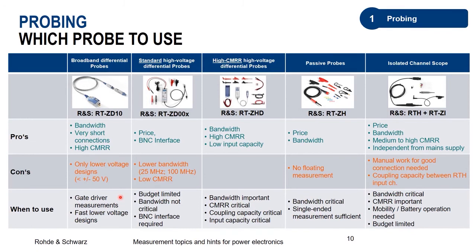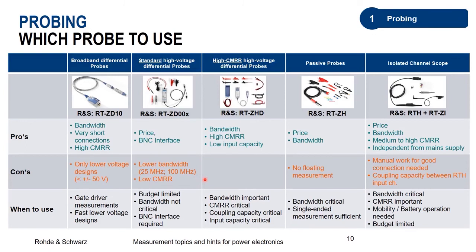fast lower voltage designs. Then there is a category which I would call standard high voltage differential probes. They are also available from us, but this is a basic product, relatively inexpensive with a BNC interface. They have bandwidths in the range of 25 to 100 megahertz, and the common mode rejection ratio is not really great.